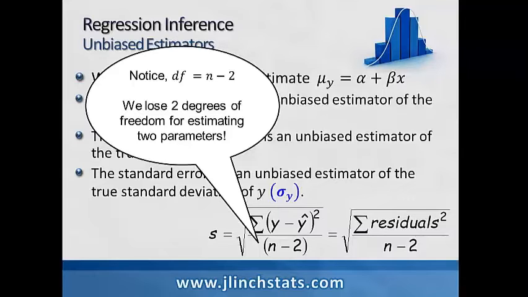The degrees of freedom is equal to n minus 2 since we lose 2 degrees of freedom for estimating both parameters alpha and beta. So when we estimate more than one parameter, we're going to lose an additional degree of freedom. Therefore, the denominator here is going to be n minus 2.